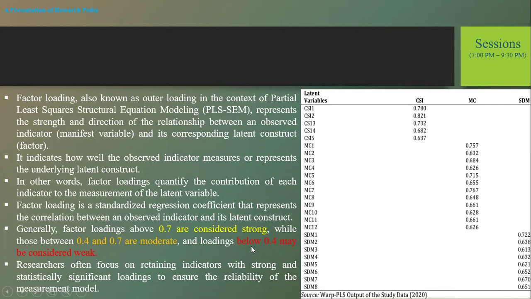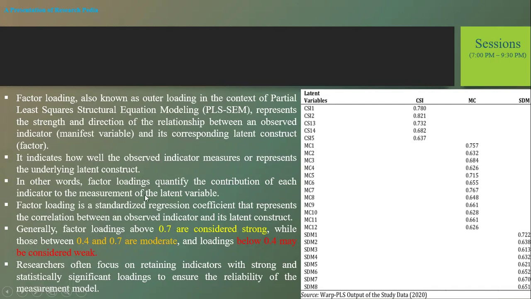But if you have the factor loading less than 0.4, you may consider the factor very weak, so you need to exclude it. But always remember, if you have a lot of factors measuring your constructs, you may need to consider 0.7 as a cutoff criteria, and remove those factors that have less than this value.